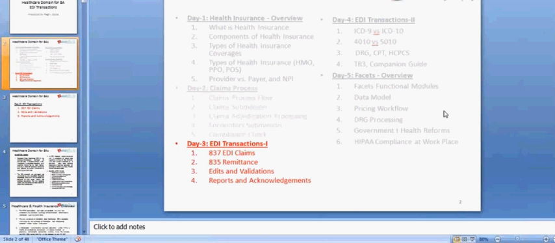Because in any organization, whether it is a payer organization or a provider, EDI is a basic component. Without EDI, there would not be any electronic transactions. So it is important that we all have a good understanding of EDI: the infrastructure, the systems, and the applications which generate the electronic transactions.